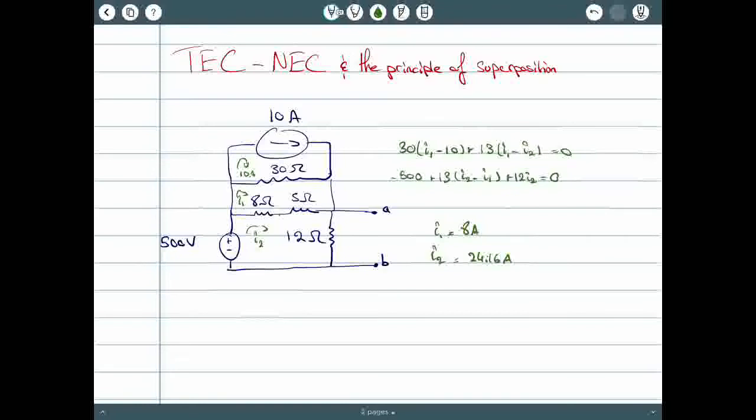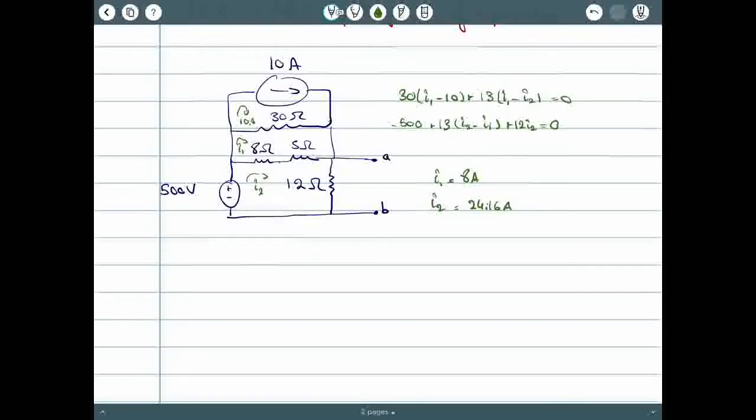Okay, so now to find V Thèvenin, it's particularly easy to just apply Ohm's law over this resistor here. So V is equal to R I, and I is 24.16, and R is 12.